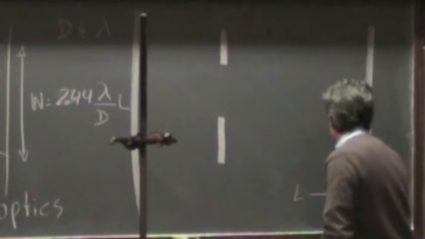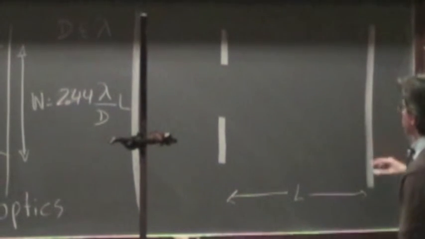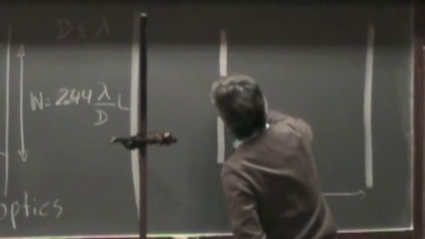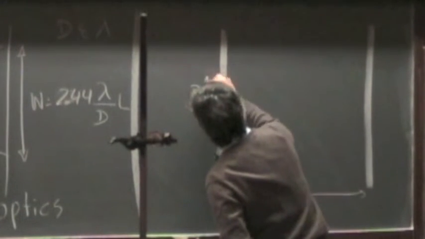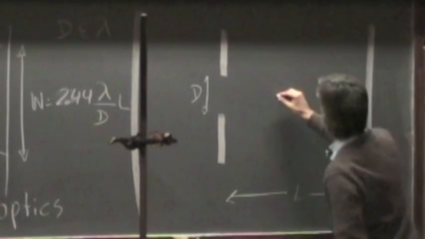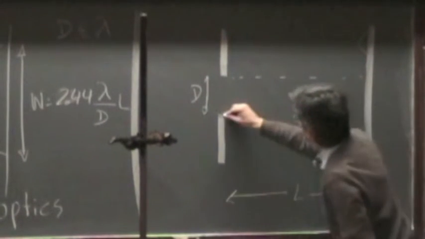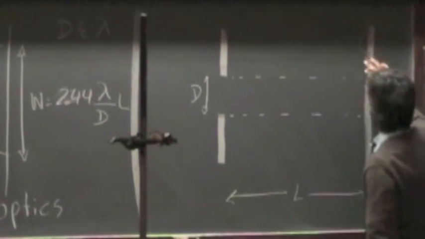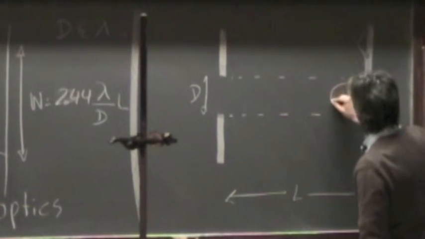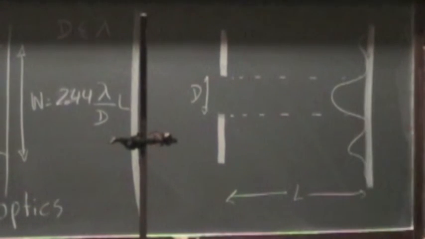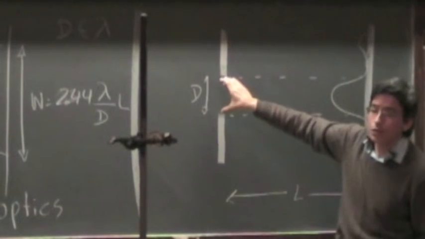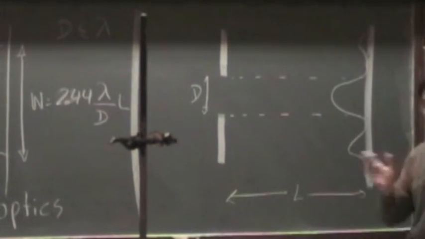If you say that this L is the distance to the screen, there will be a diameter of the aperture that on your screen will produce a diffraction pattern that has the same width as the diameter of the hole. So you're moving towards the case where the image that you see on the screen will match perfectly the shape and the width of the hole that you allow the light to go through.